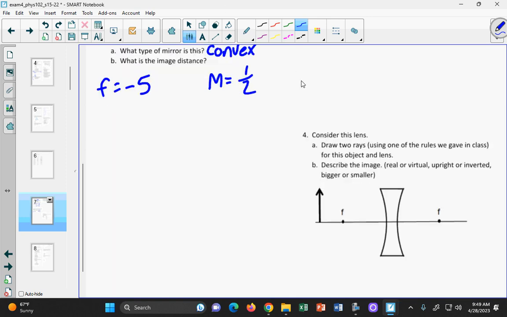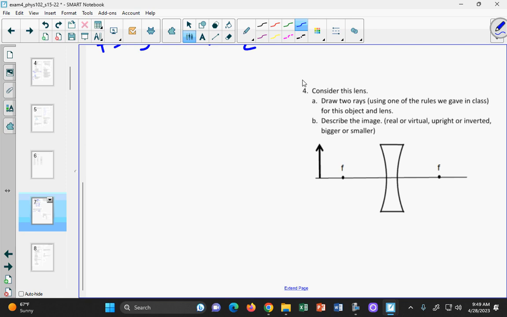Can we work through this or no? I know how to do these rays. Let's just sort of do this. If I go parallel to the axis, it goes through the focal point, but this is a diverging device. That means it'll diverge and trace back through the focal point. I can also go through the center of the lens.